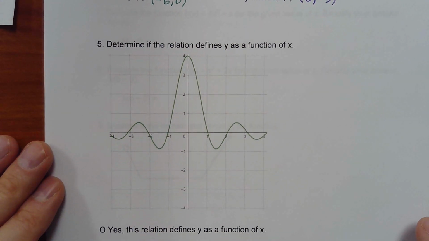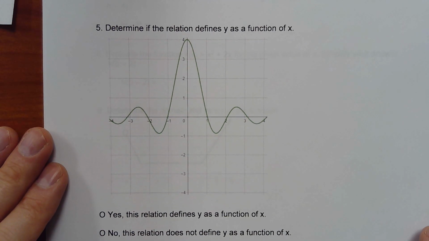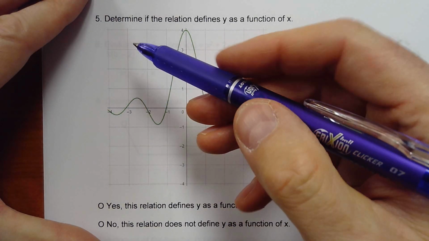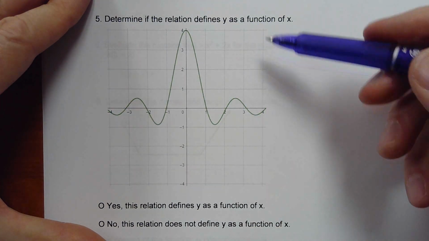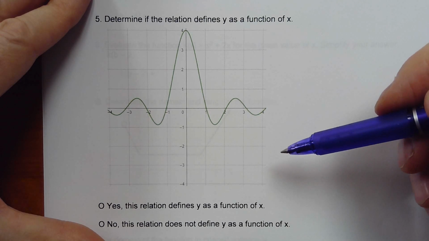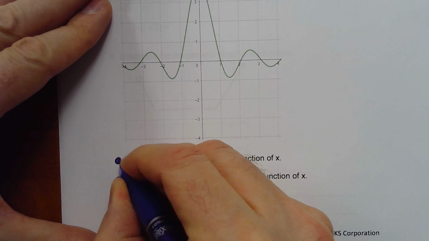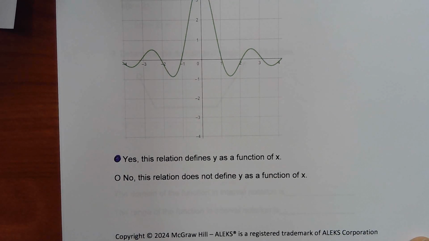The next problem, we want to determine if this relation defines y as a function of x. Here, when we've got a graph, we're going to use the vertical line test. Any vertical line I take passes through at most one point. So this relation would be a function, so I would put yes. This relation defines y as a function of x.